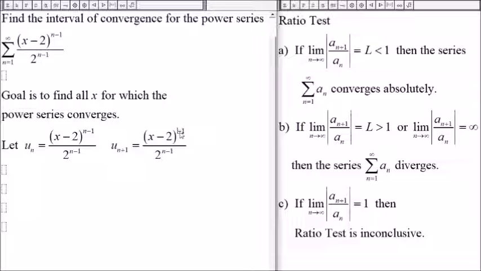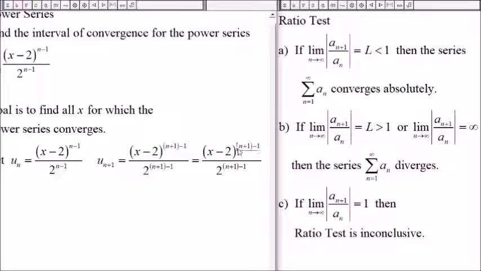So for that n, we have n plus 1, and for this n, we have n plus 1. So this right here becomes this. n plus 1 minus 1 is just n, and right here, same thing, it's just n.